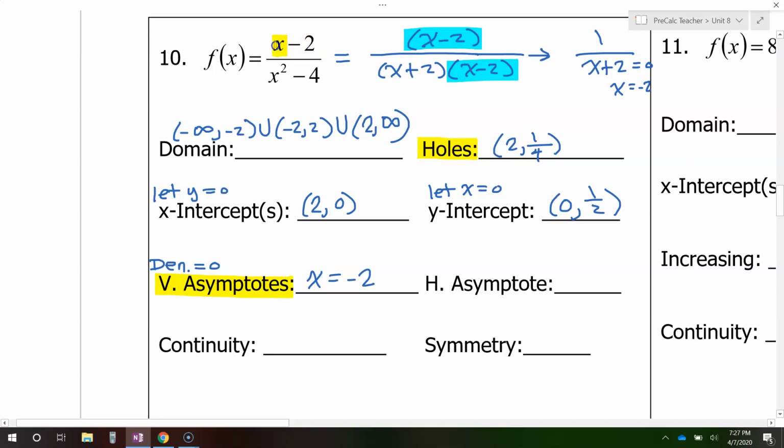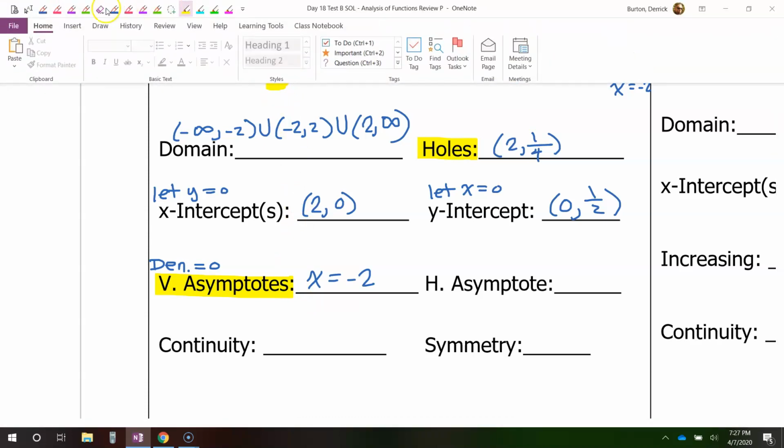As x gets bigger and bigger, only this is going to matter, because this will be 1,000,000 and this will be minus 2. 1,000,000 minus 2 is basically 1,000,000. And the same thing here. This minus 4 is not going to matter as we approach infinity. So as we approach infinity, the only part that will matter is x squared over x.